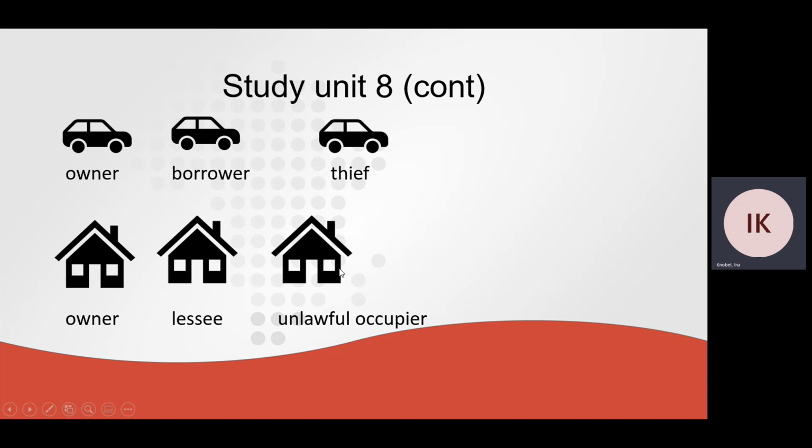But then a person who stays on land, or maybe in a rental property without permission of the landlord or the owner of that property, such a person is classified as an unlawful occupier, but this is also classified as a mala fide possessor.